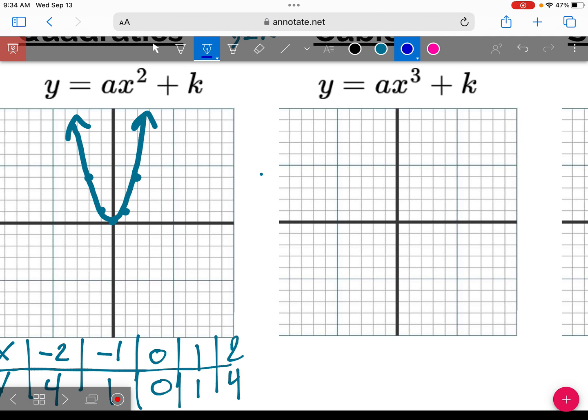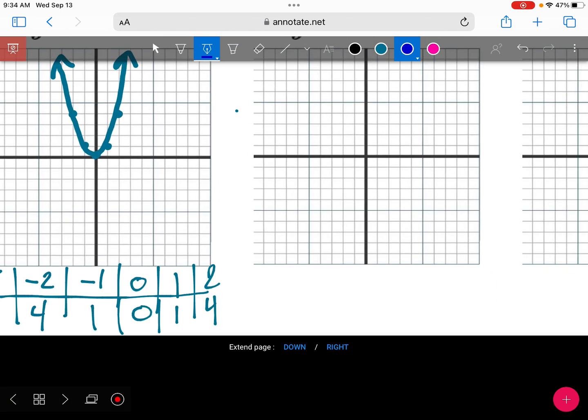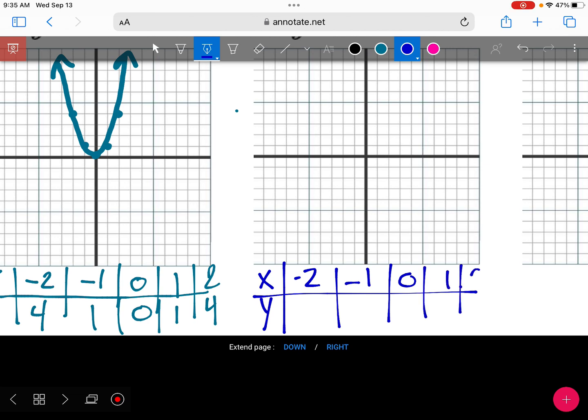A, H, and K we've used for a very long time. We pick our X values to find our Y table. Find the Y values. For X, we're going to do -2, -1, 0, 1, and 2.